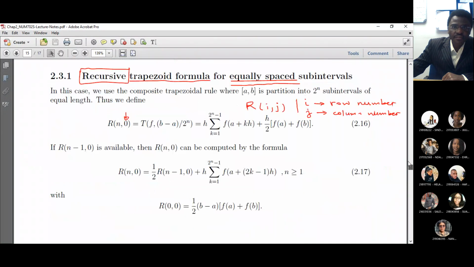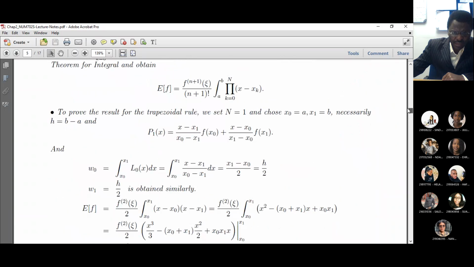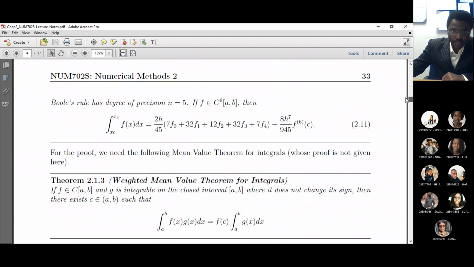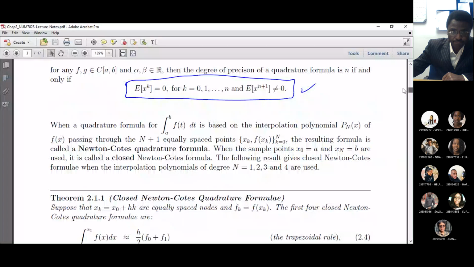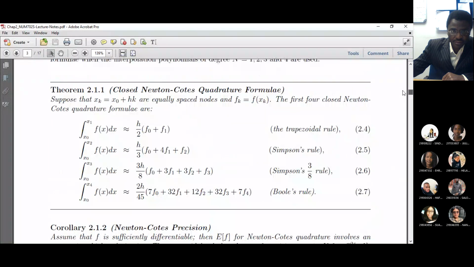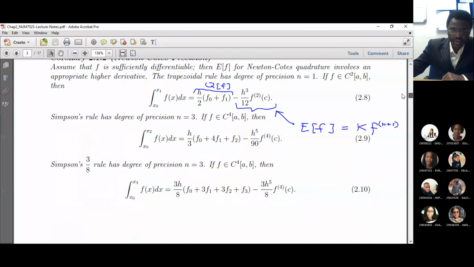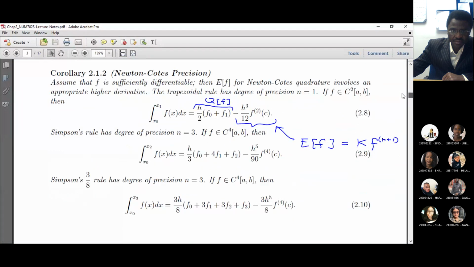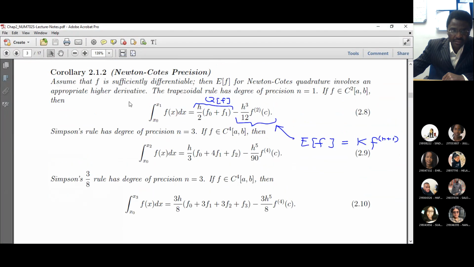So, for instance, if I go back to these, these are the Newton-Cotes formulas, right? Let us use this one, because here you can look at the formula with the degrees of precision. If I look at the first rule, which is the trapezoidal rule, the degree of precision is 1.